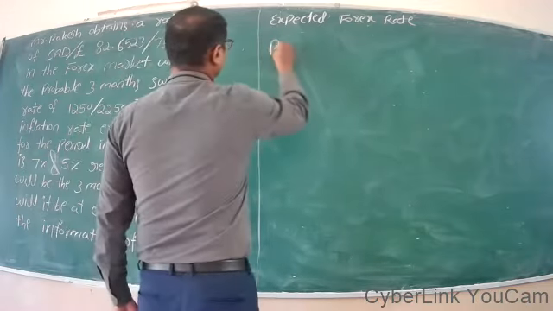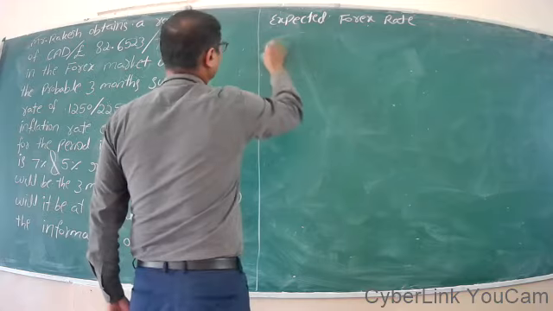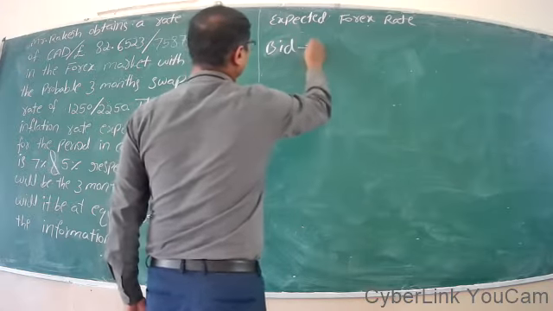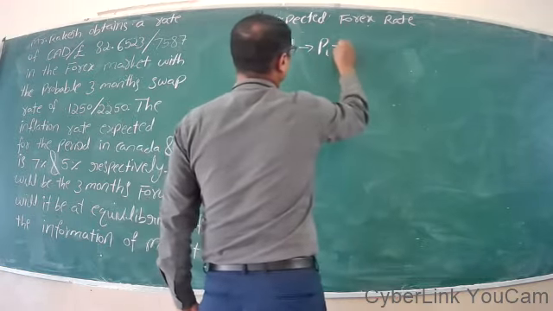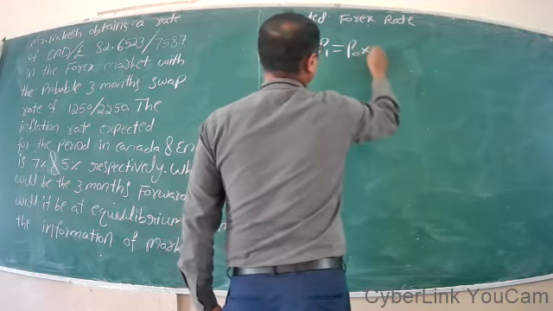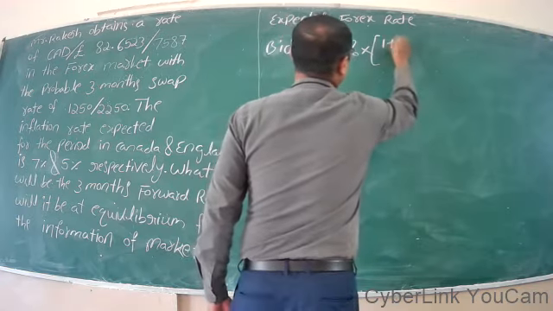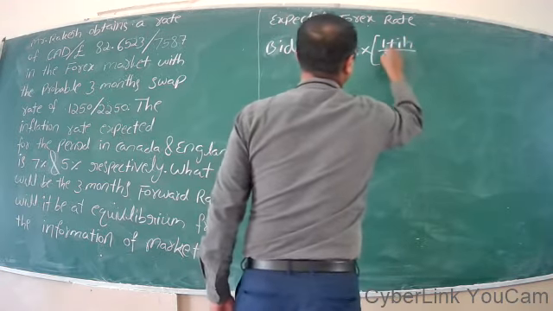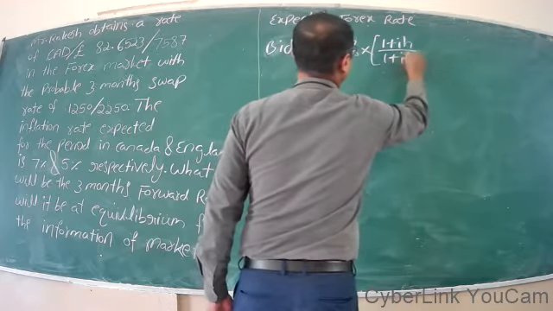So P1, maybe first we will solve bid, that is P1 is equals to P0 multiplied by 1 plus IH divided by 1 plus IF.